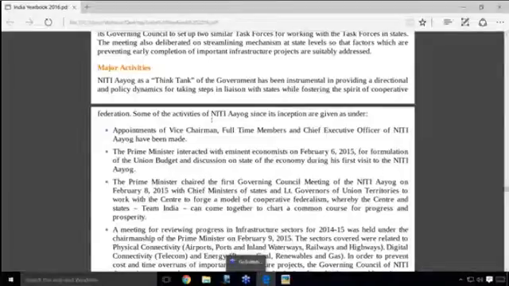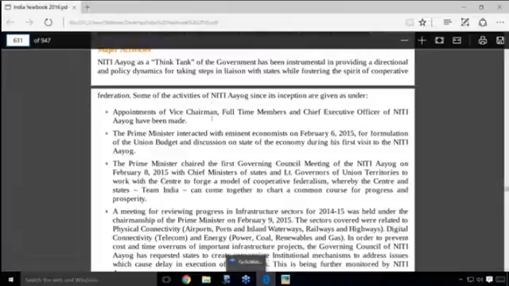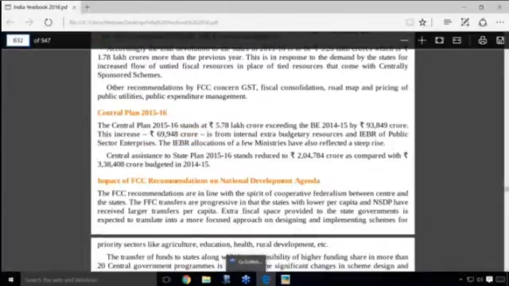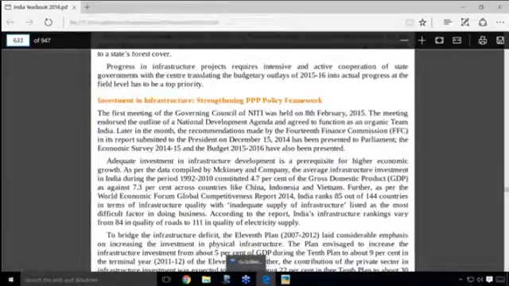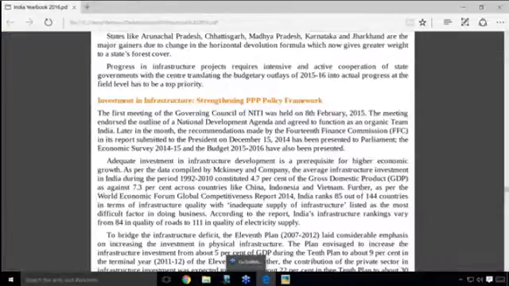Right? Then open page number 701. Investment in infrastructure, strengthening PPP policy framework. Page 701, investment in infrastructure.